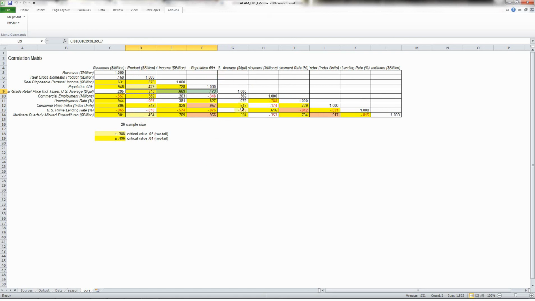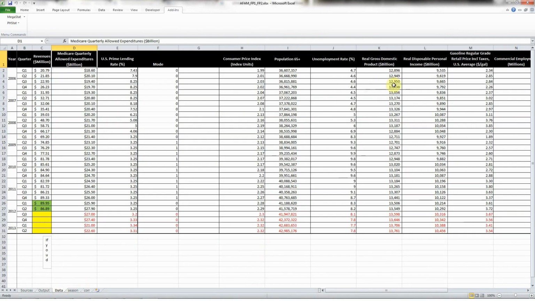Here, let's take a look at this one. Yeah, this is the one. It doesn't have anything. Again, it's not highly correlated with anything in our model. So this is gasoline. It's right here. So if we added that in, let's see what effect that has.